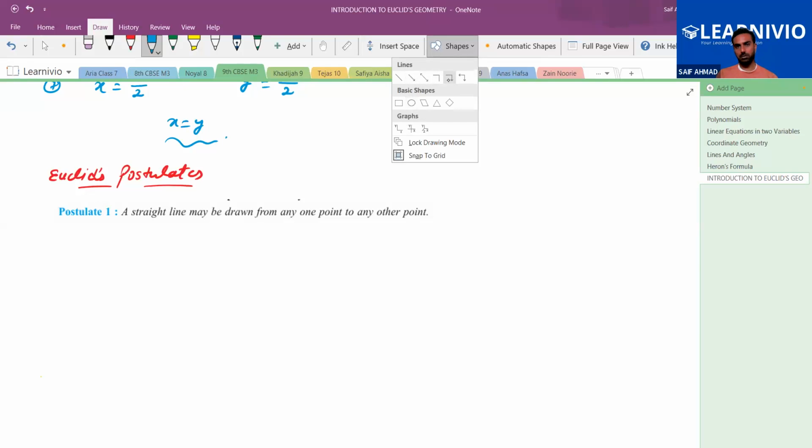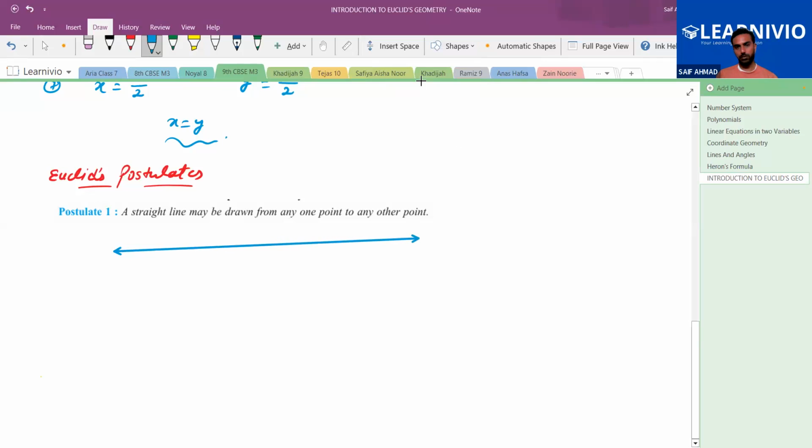Because a line has no limited length, no defined length.